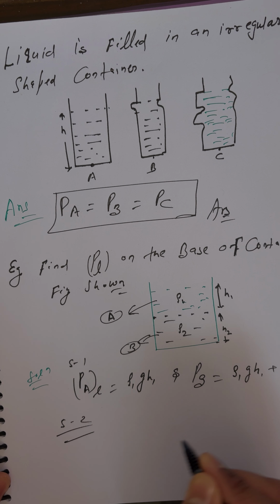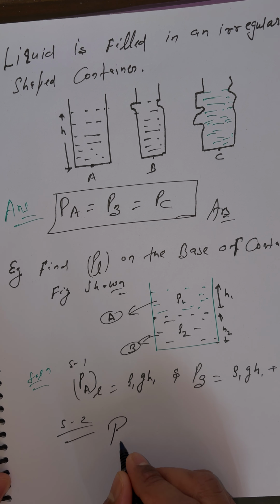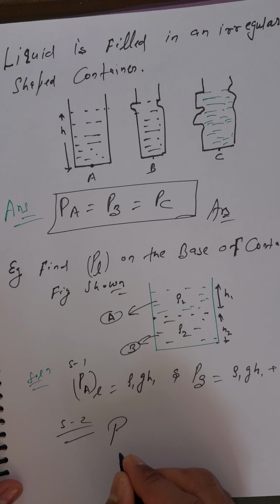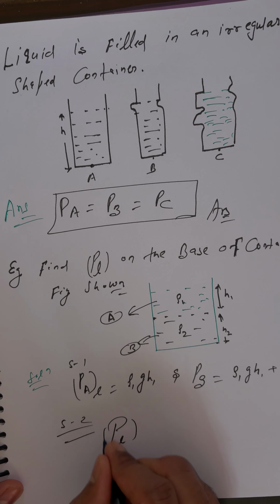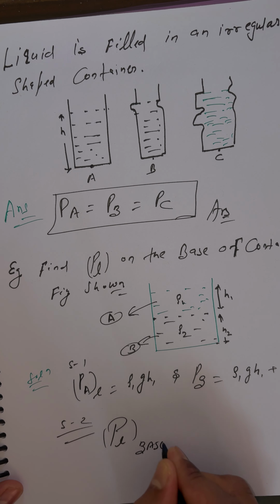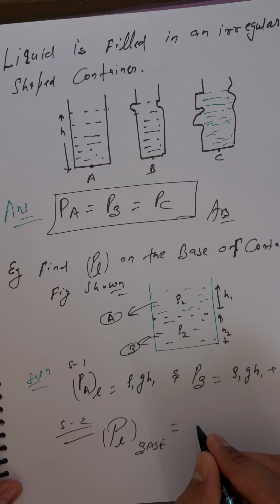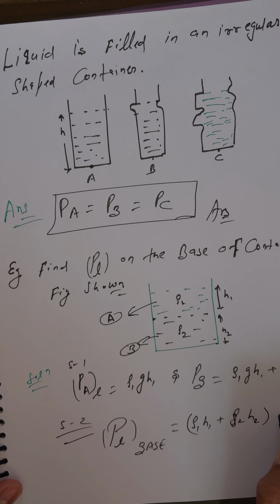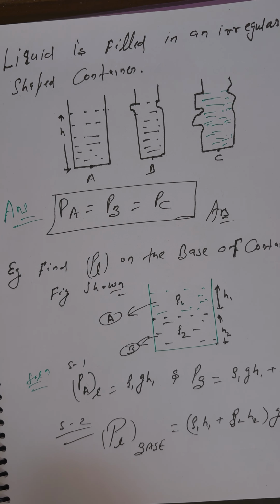Step 2 is supposed to be written as the pressure due to liquid on the base of the container, my dear: rho 1 H1 plus rho 2 H2, into g.